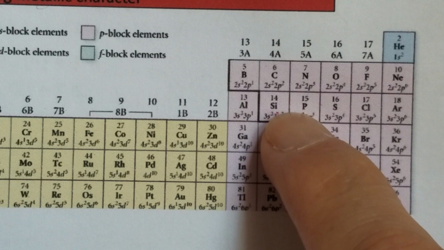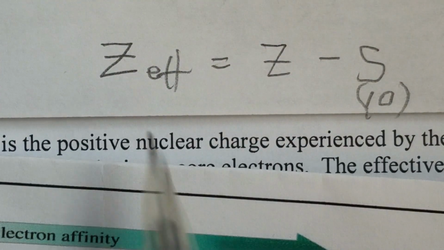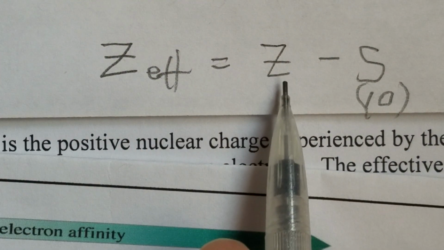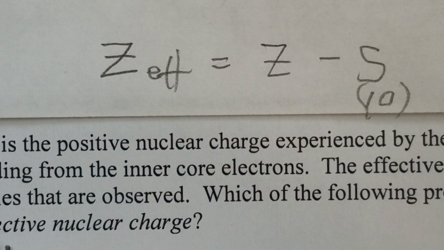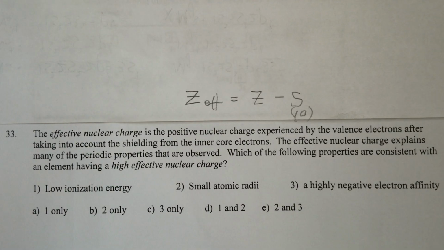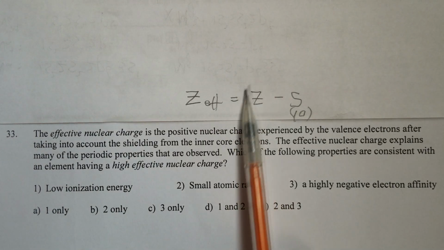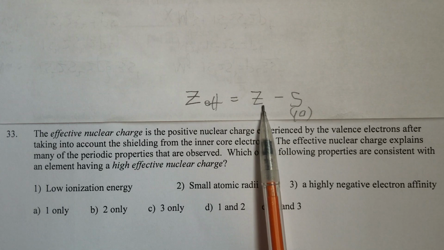And now, as you can see, the S is fixed, then ZEFF is directly proportional to Z. The higher the Z, the higher the effective nuclear charge. Now our focus is to find anything related with the atomic number.